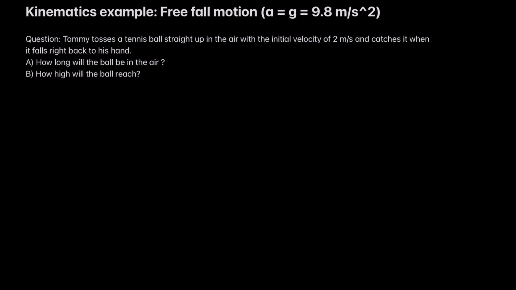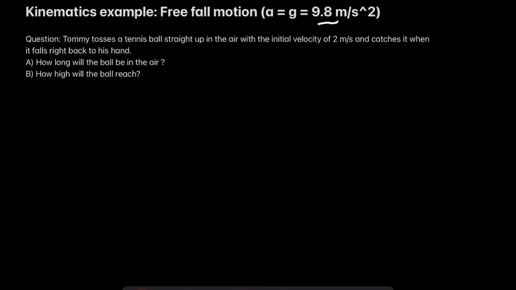So here we can apply this kinematics equation of constant acceleration to the following example. This is going to be what we call a free fall motion, where the acceleration equals g equals 9.8 meters per second squared.